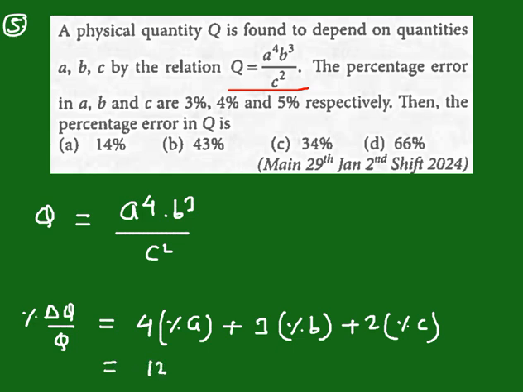This will be equal to 12 plus 12 plus 10. So this comes to 34%. So option number C is the correct answer.